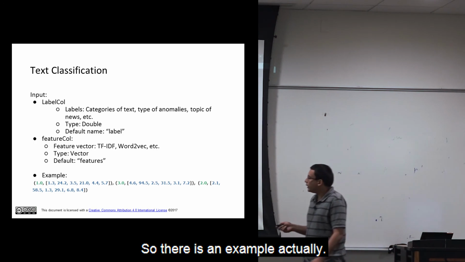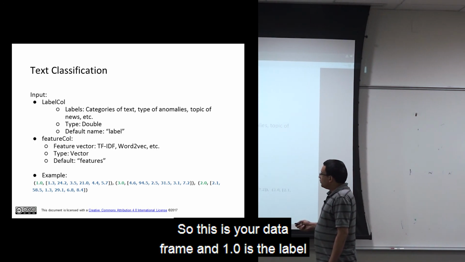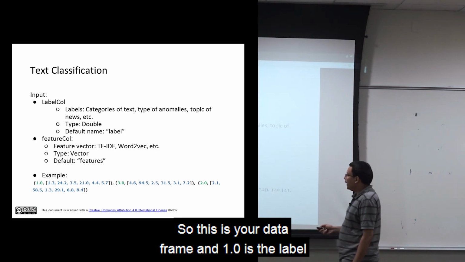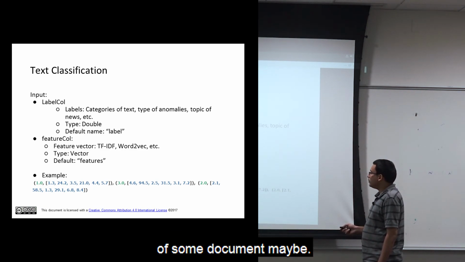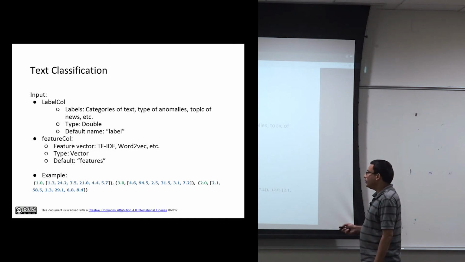So, there is an example. This is your data frame, and 1.0 is the label, and this is the vector representation of some document maybe.